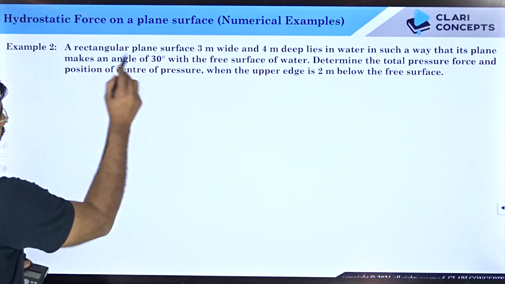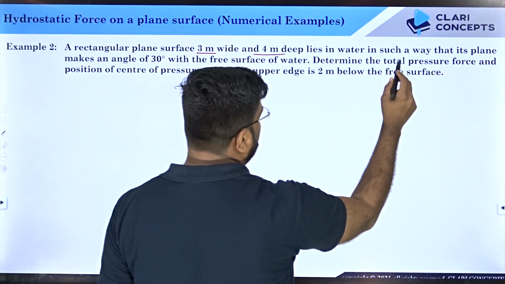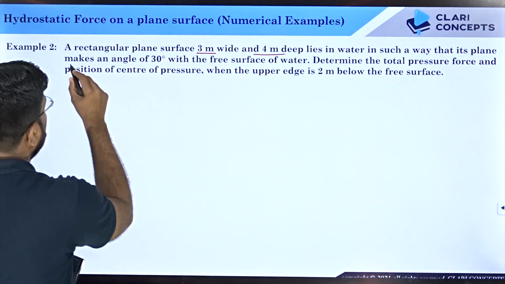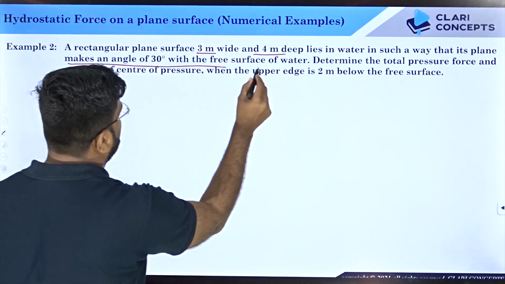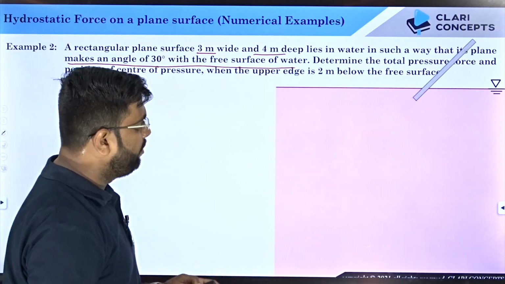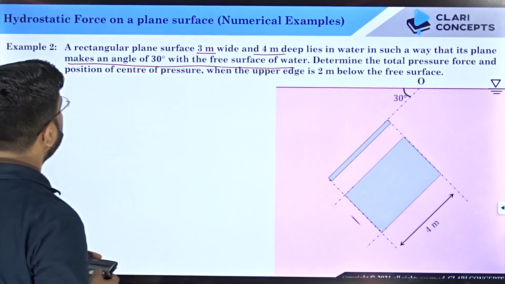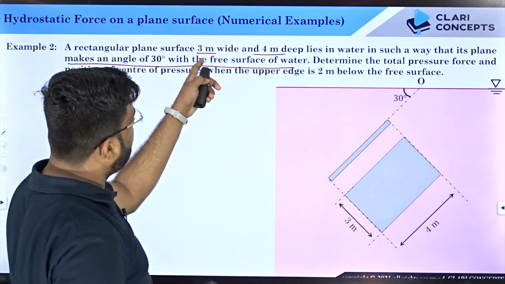A rectangular plane surface 3 meter wide and 4 meter deep lies in water in such a way that its plane makes an angle of 30 degrees with the free surface of water. So for example, what you have is a plate from a free surface at an angle of 30 degrees, and it is said that the plate itself is 3 meter wide and 4 meter deep.